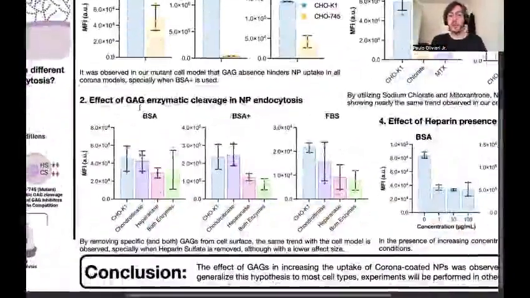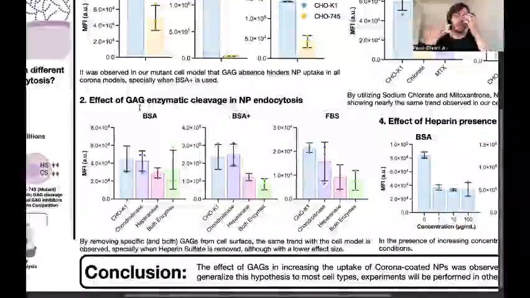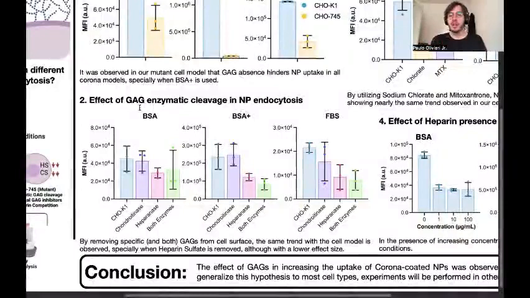Second, by removing specific GAGs from the cell surface, we can try to observe if we see a decrease specifically with one of the GAGs. In this case, we observed that especially when we remove heparan sulfate, we see a decrease in uptake of the nanoparticles, as well as when we remove all the GAGs as well.